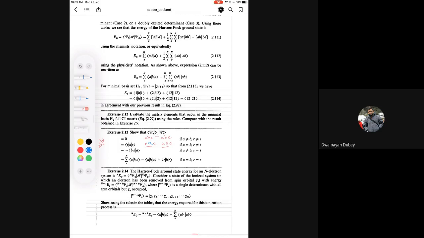Oh, sorry, this was not right. So for the second part, A equal to B means I am replacing A by R here and A by S here. So now I'm doing the second part.